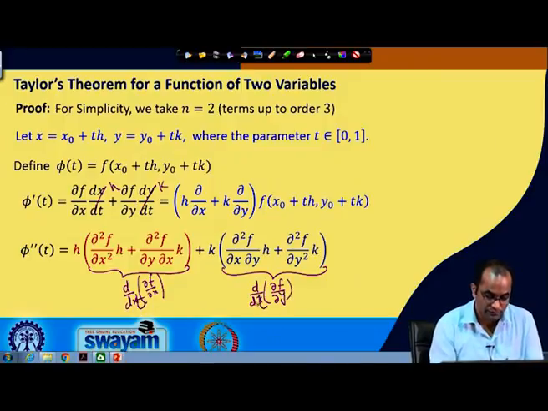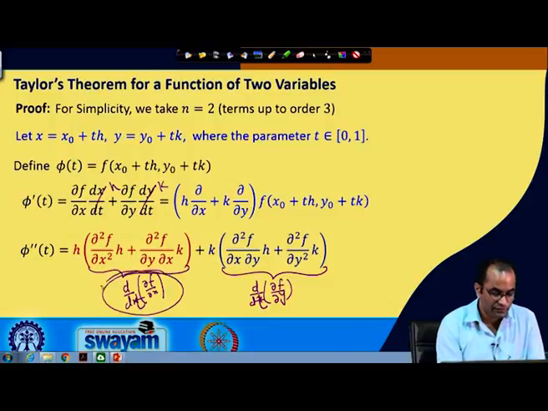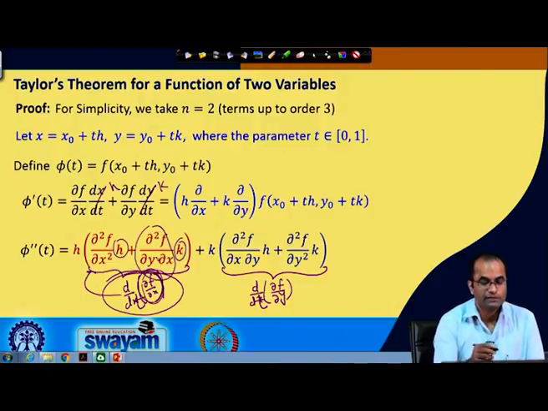Here we have used the chain rule again: the partial derivative with respect to x again of this, so a second order derivative, and then dx over dt, which becomes h, then the partial derivative of this with respect to y, and then dy over dt, which is k.